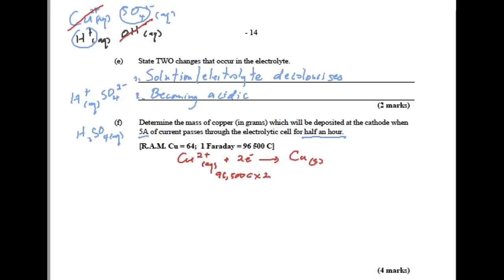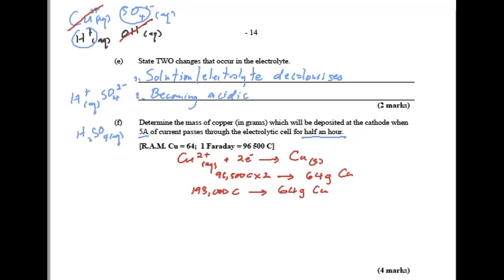That amount of electricity is required for the discharge of 1 mole of copper, which has a molar mass of 64 grams per mole. So 96,500 times 2 is 193,000 coulombs of electricity. That's what's required for the liberation of 64 grams of copper.